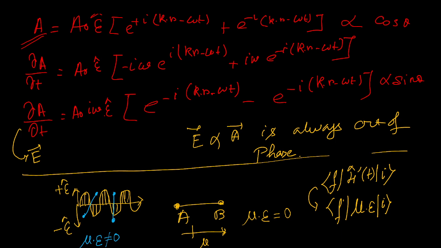So the dipole moment has a projection on the electric field. Therefore, this will give you some transition. So this transition moment integral will have a finite value, and this will be an allowed transition, and this is a forbidden transition.